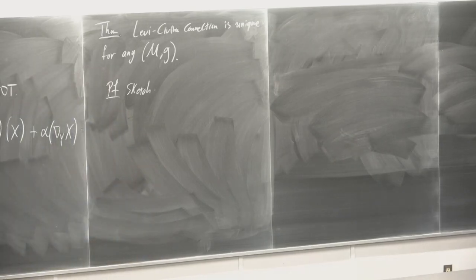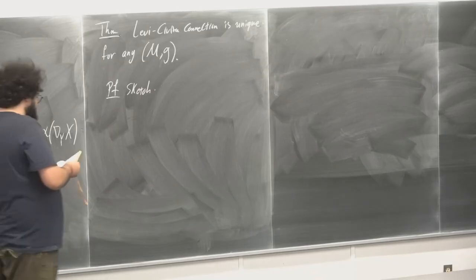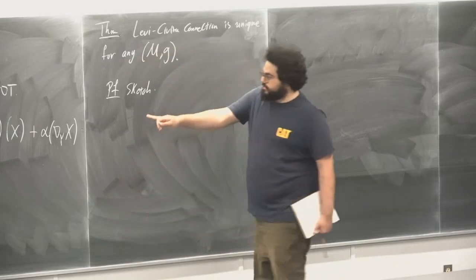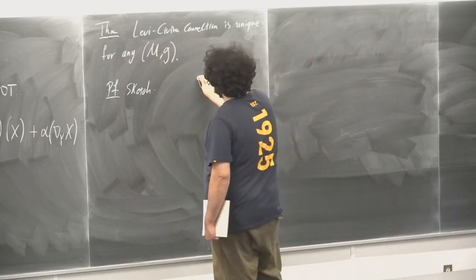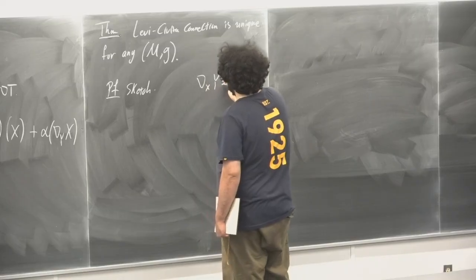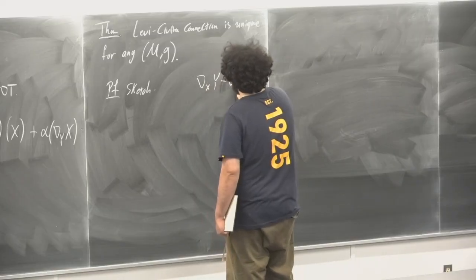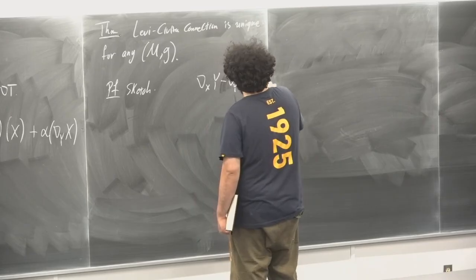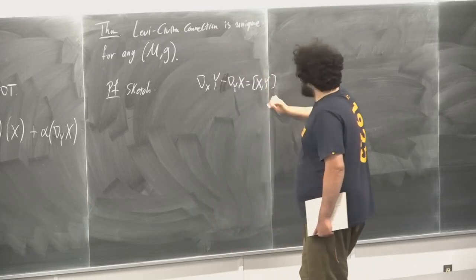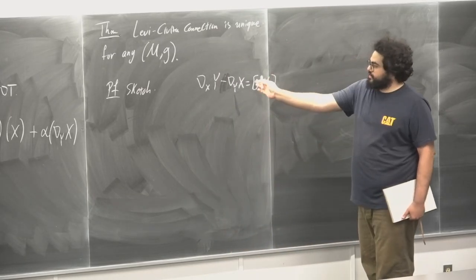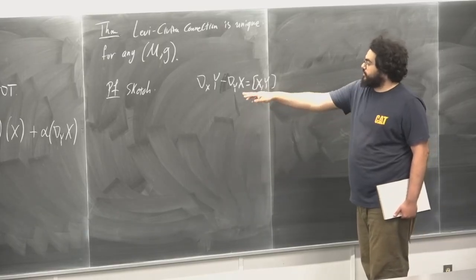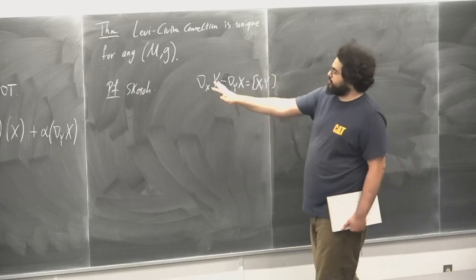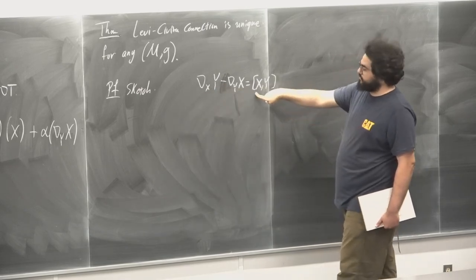You can actually write down, so basically the torsion vanishing condition just tells me that nabla x y minus nabla y x is the same thing as the bracket. So this will be a condition that's nice when you rearrange in order to get rid of first order covariant derivative and write things in terms of the brackets.